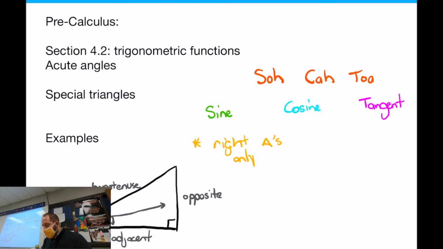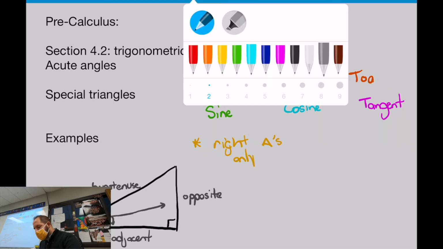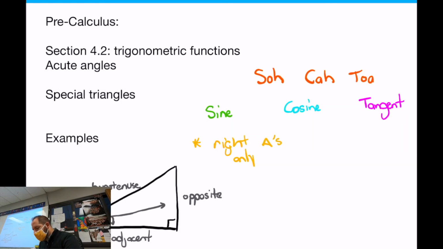Now, how this works is for right triangles only, you do your trig functions, and I'm just going to intro the first one today, because once you understand the concept, it makes sense. Let's do the sine function here, just to introduce this. Sohcahtoa, right?